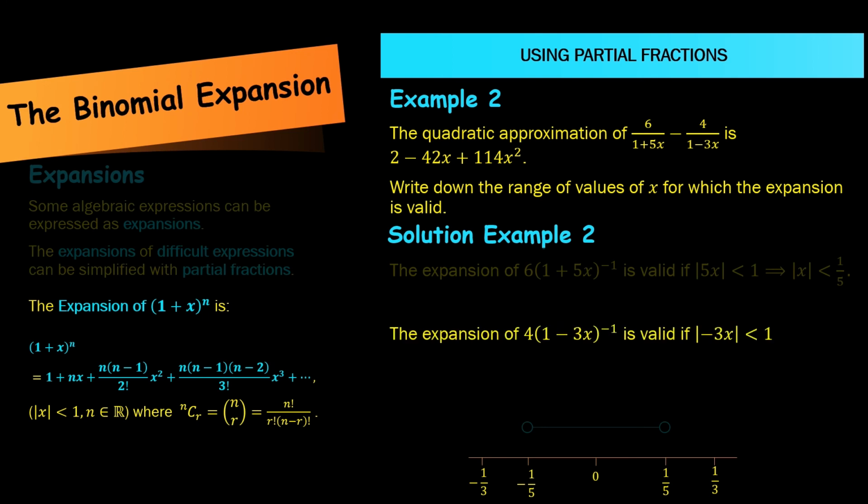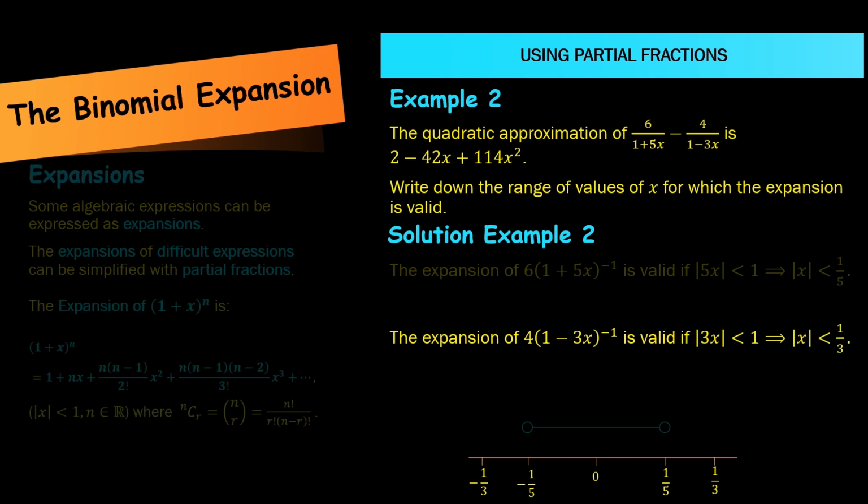For the second fraction, the expansion of 4 times 1 minus 3x to the -1 is valid if mod minus 3x is less than 1. Of course, mod minus 3x is the same as mod 3x, and therefore we have that mod x must be less than 1/3 for the expansion of 4 times 1 minus 3x to the minus 1 to be valid.